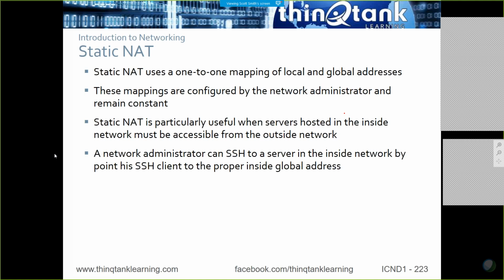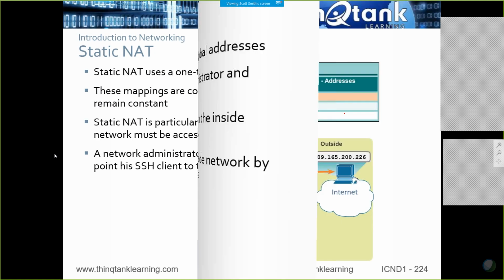So you're going to set up a static NAT profile and publish the global address to those customers so that they can access those servers. All right? Now, the last bullet point that you see there is really just an example, right? SSH to a server is just one example of why you would want static NAT.